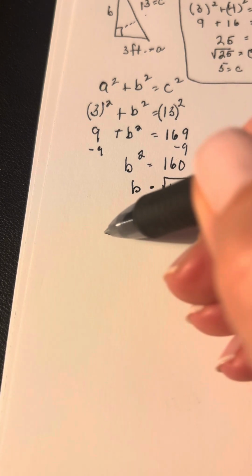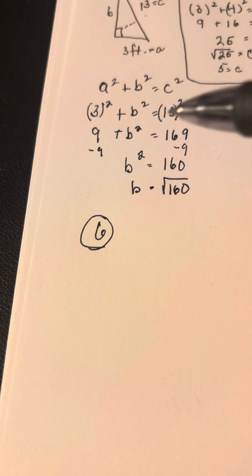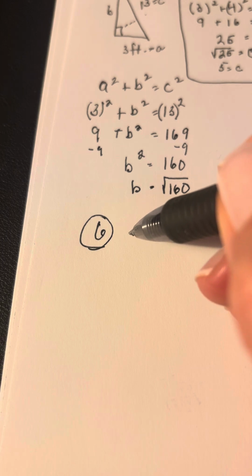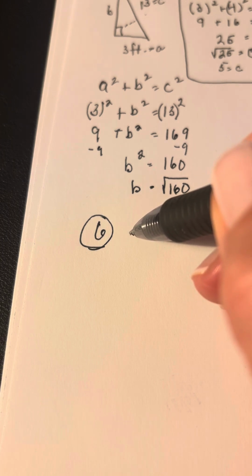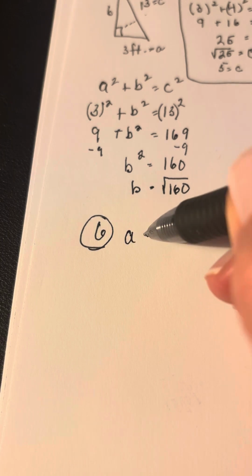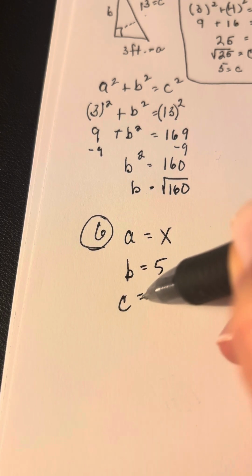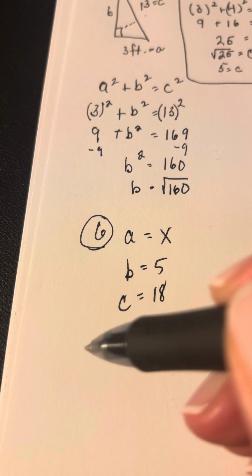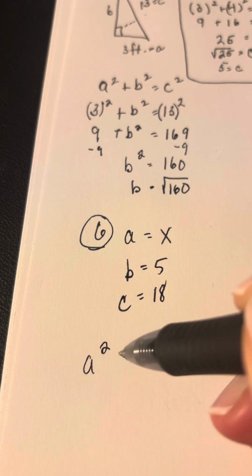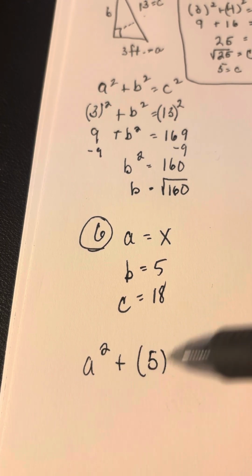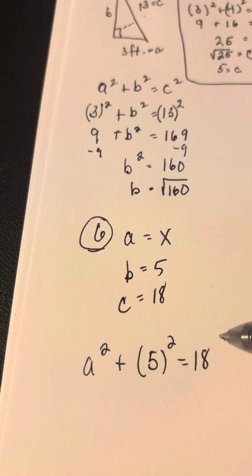Let's try number 6, because that's the harder type. They told you one leg was A. A was what you didn't know. B was 5, and C was 18. So you're going to say a squared plus 5 squared equals 18 squared.